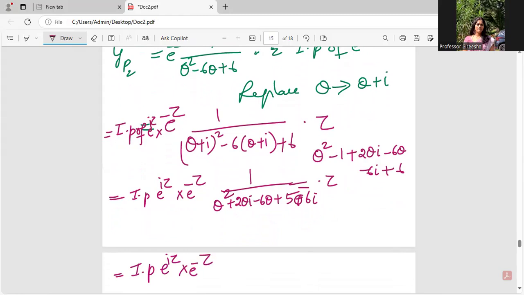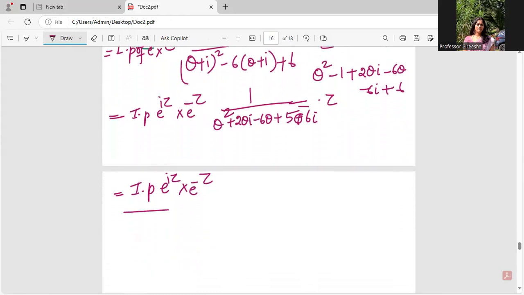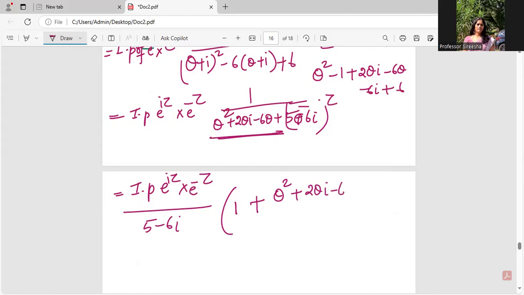In the denominator I'll be taking 5 minus 6i common. So just see, this term is my 1. Then 1 plus, what are all the things that I'll be having: θ squared plus 2θi minus 6θ by 5 minus 6i into z is what I will have.